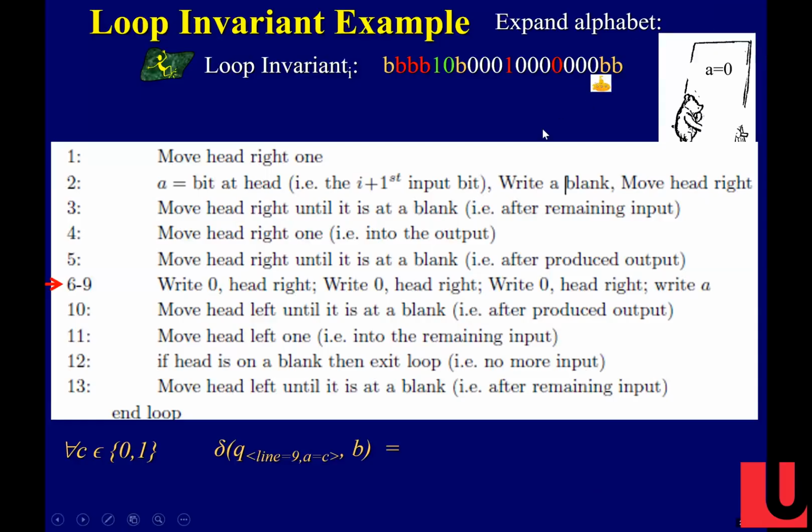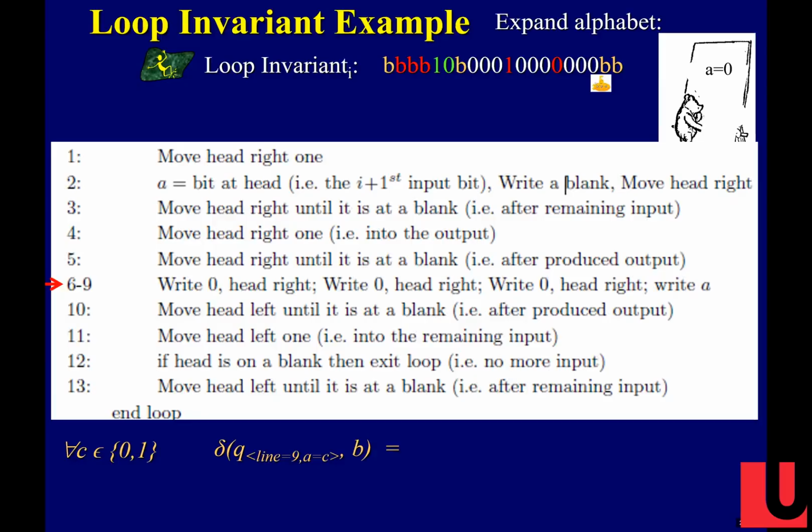And now line 9 has a blank? Now I'm at line 9. It's a blank, right? And what does line 9 do? Line 9 is going to write the value of A. Oh, okay, I see it now. There are two different sentences from 6 to 9.